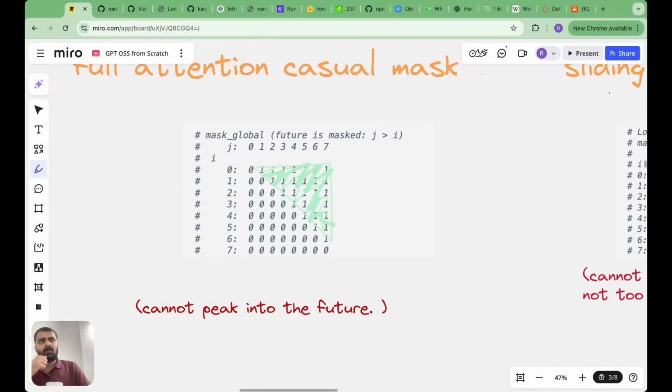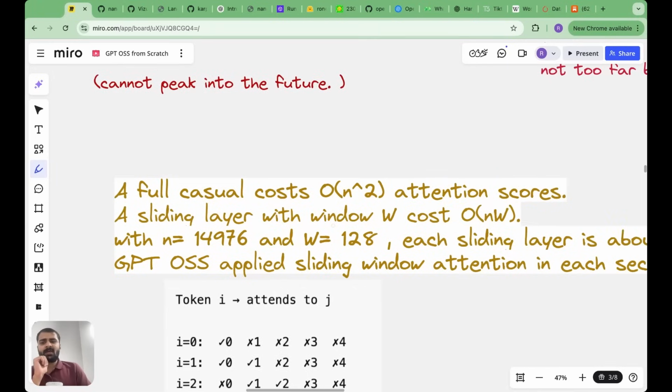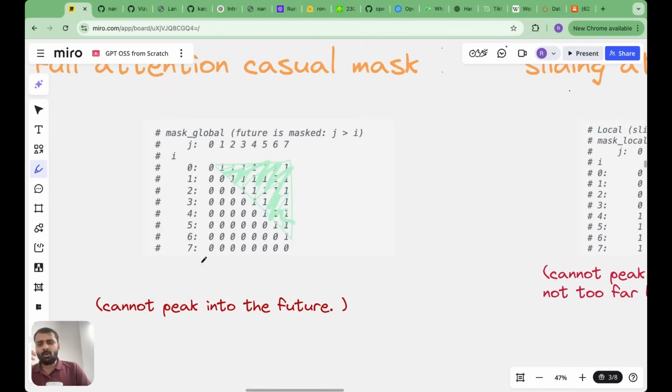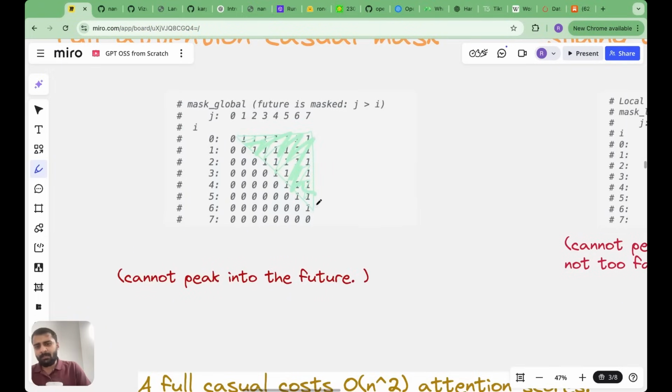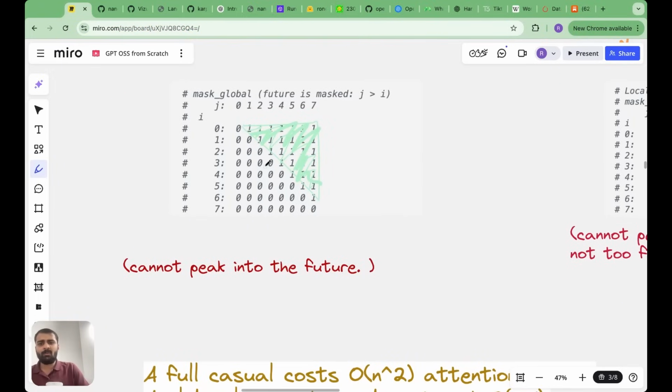But now if you take a look at computations itself, imagine that the context window is n here, and the number of computations which will be made will be n square divided by 2. So although this half is masked out and you don't need this, that does not reduce the order of magnitude. It just divides it by 2.